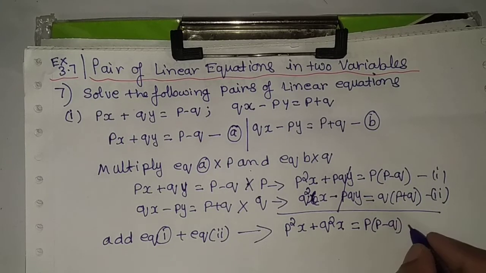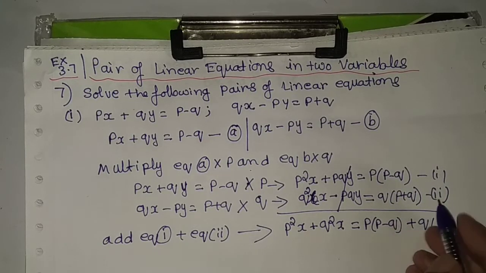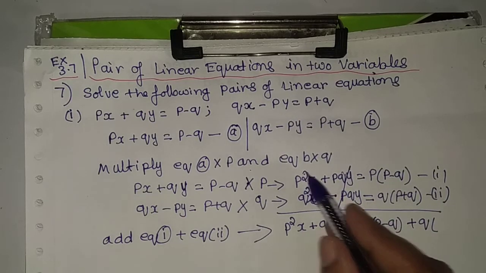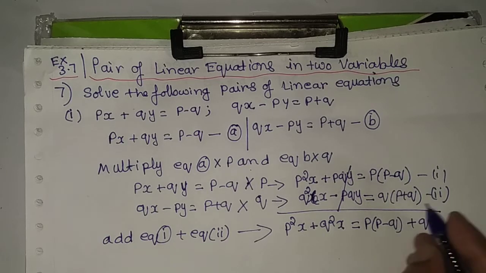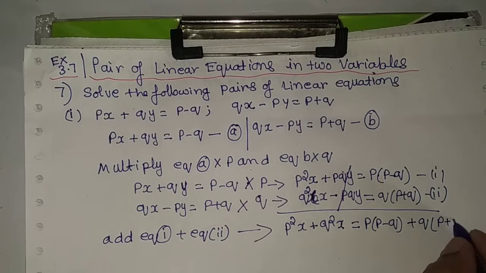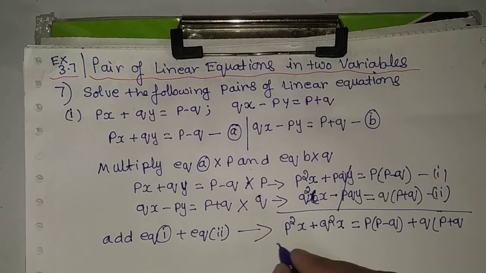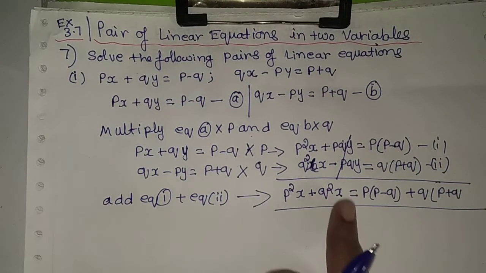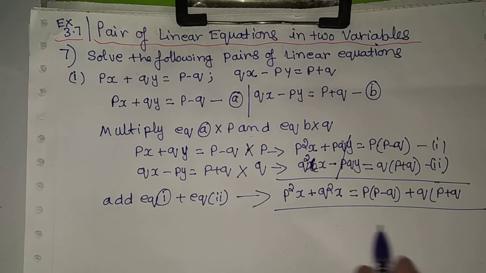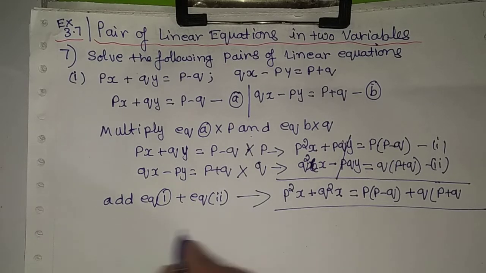Write down these two as they are. After adding we are getting this, now we have to simplify.